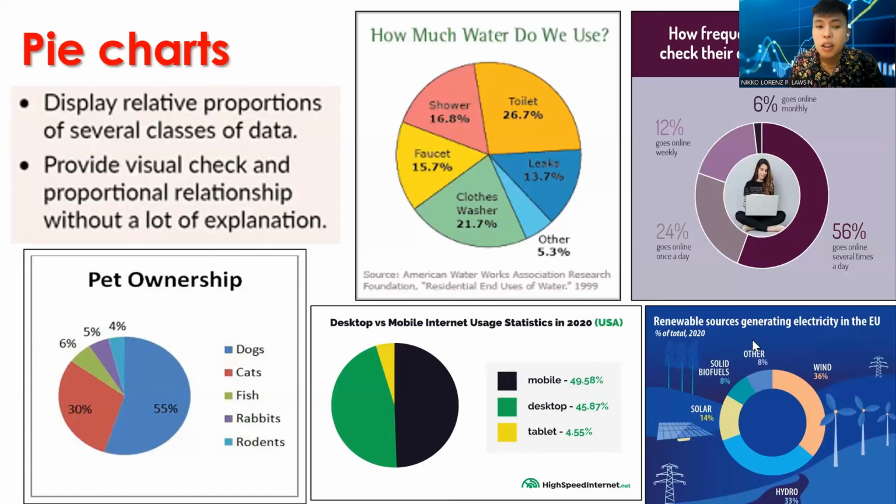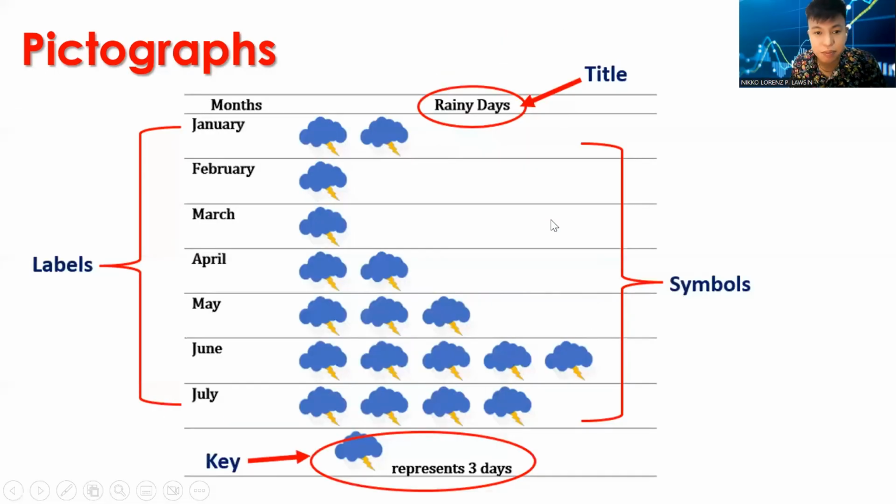Last one, the comparison of the renewable sources generating electricity in Europe in 2020. You can see the highest is wind 36%, hydro 33%, to be followed by solar, solid fuels, and others.